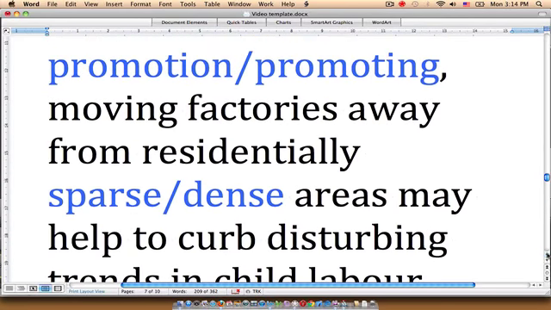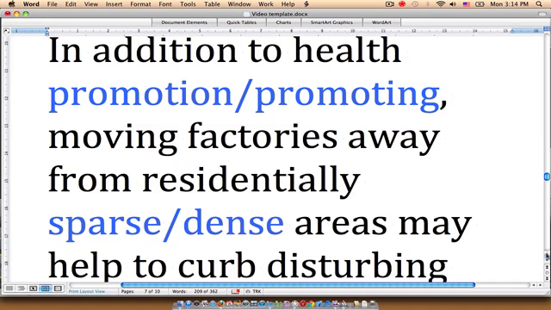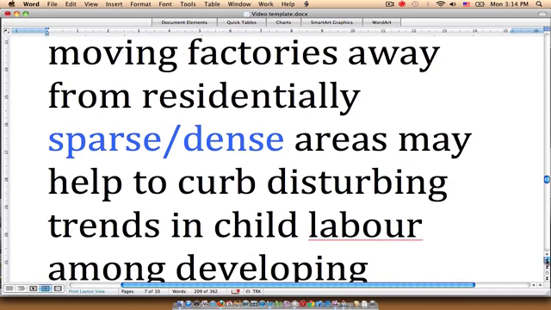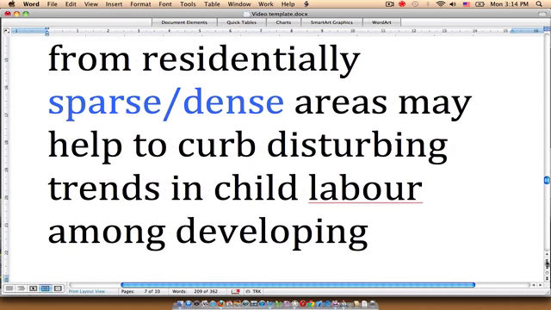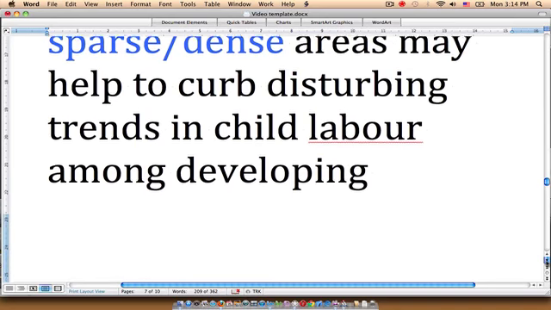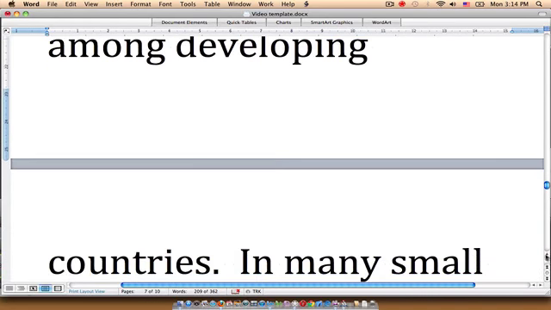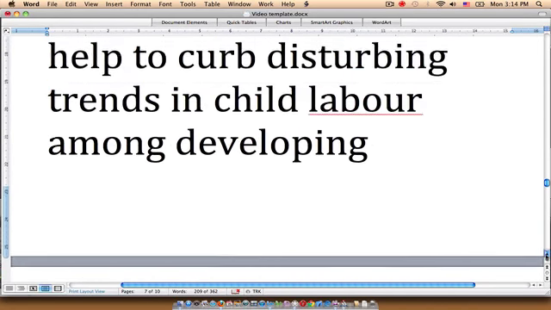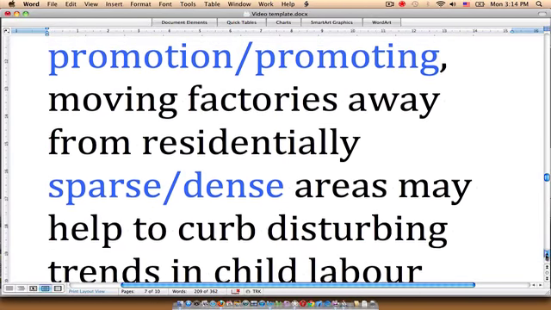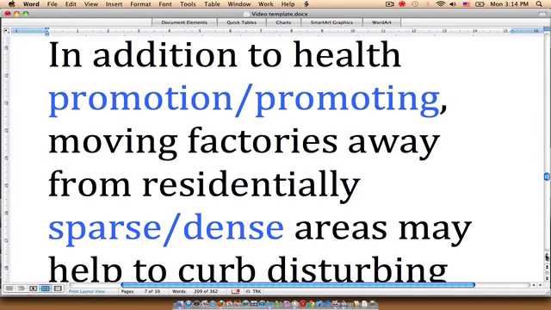Okay, I'm sorry, I didn't realize I had put two questions in here, but this would be an extra challenge, I suppose. In addition to health promoting, moving factories away from residentially dense areas may help to curb disturbing trends in labor among developing countries. And I'll give you a few seconds to look at those wordings.